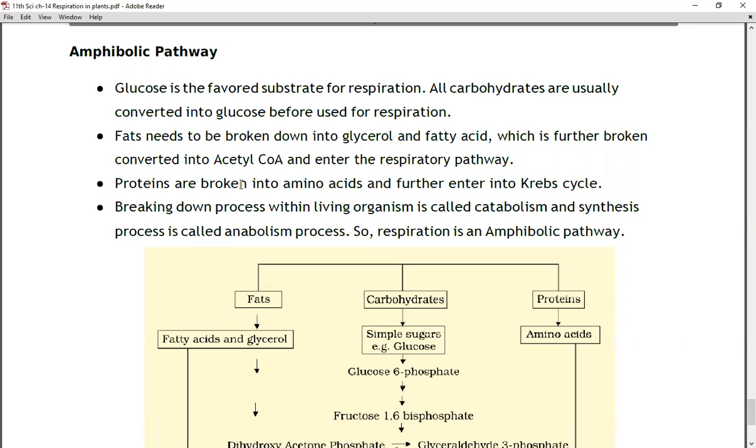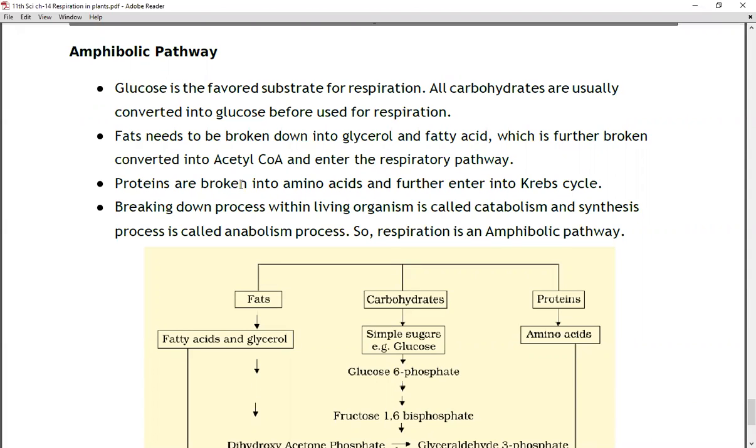And glucose is needed for carrying out respiration, right? So all the carbohydrates which are normally present are converted into glucose before they are used for the respiration process, right?